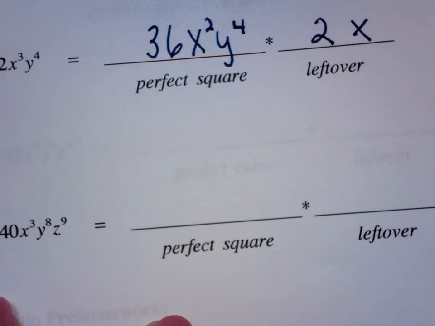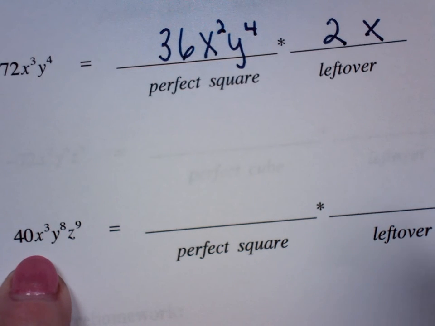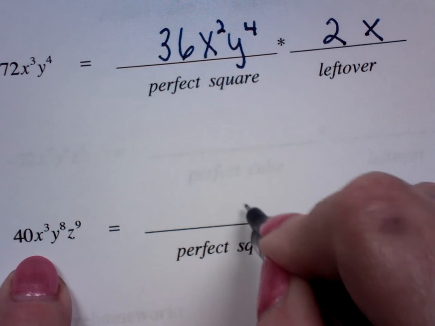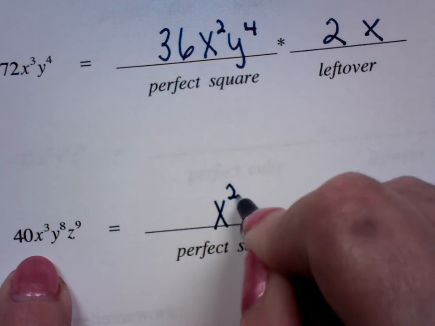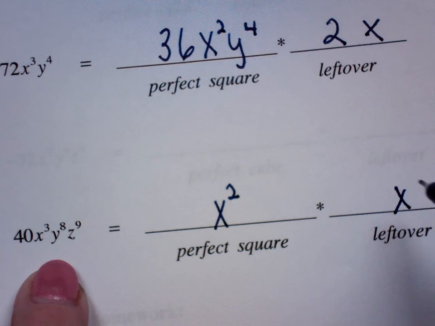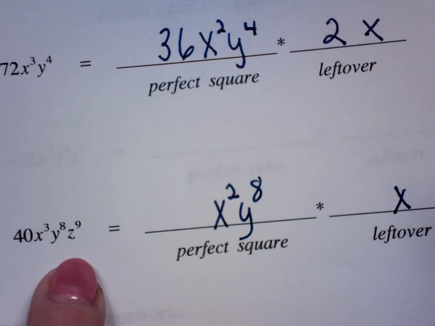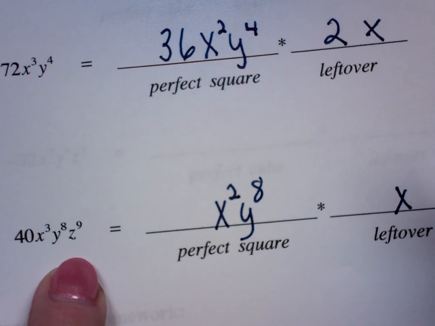Now again, the variables are easy. The largest number divisible by 2 before 3 is 2. X squared, how many x's are left? 1. I have 3 of them. Y to the 8th is even, so it is already a square. Z to the 9th, what's the largest number divisible by 2 before 9? 8.